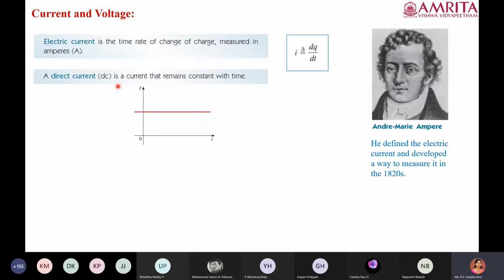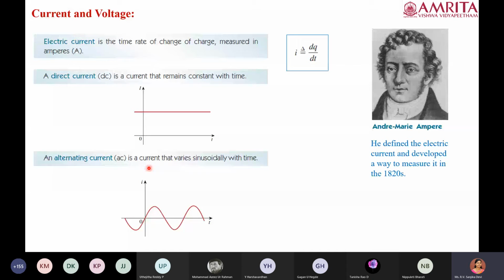The other category is the alternating current, which is a current that varies sinusoidally with respect to time. As time changes, the amplitude value of the current will also change. Such kinds of currents are called alternating current. In our initial discussion, we will be concentrating on the direct current, and later we will be concentrating on the alternating current.